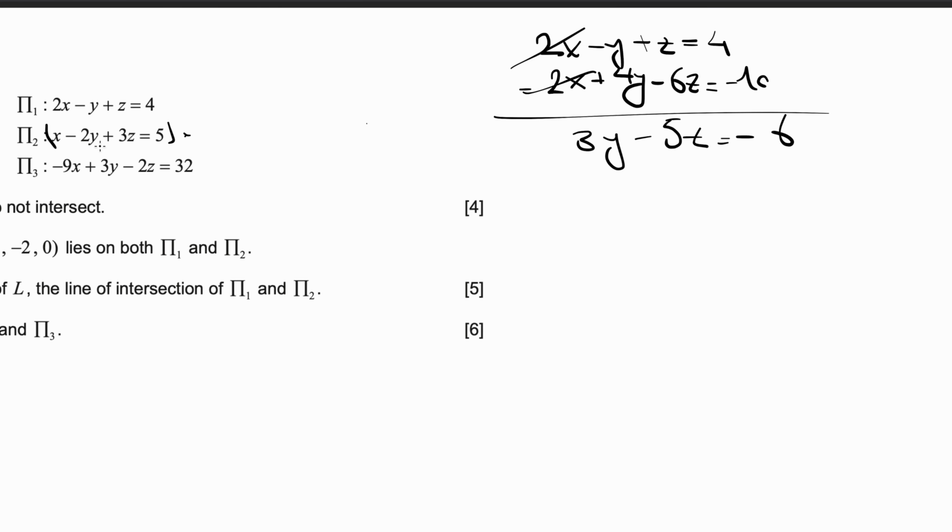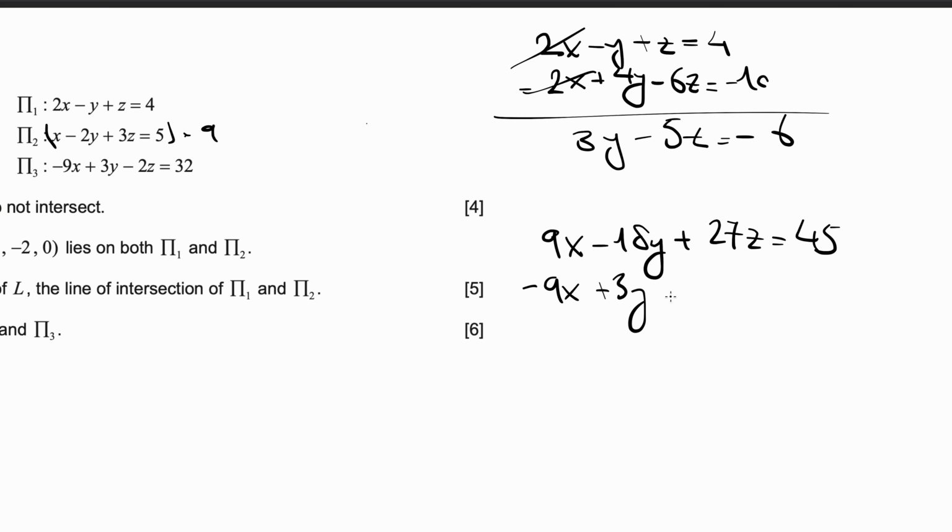We can multiply the second one with 9. It's going to be 9x minus 18y plus 27z equal to 45, and negative 9x plus 3y minus 2z equal to 32.